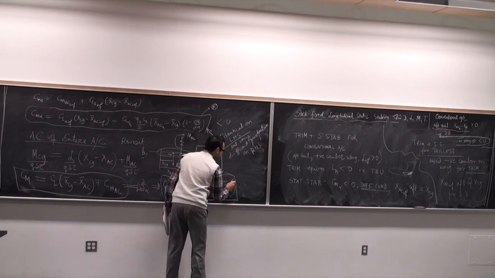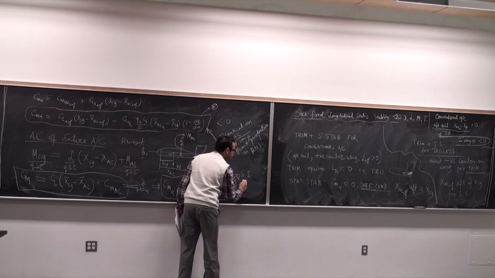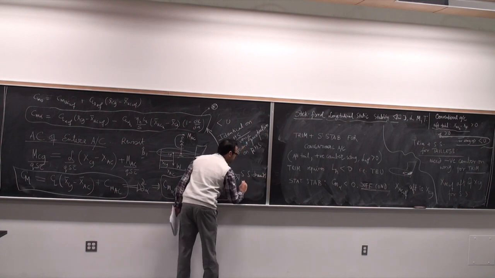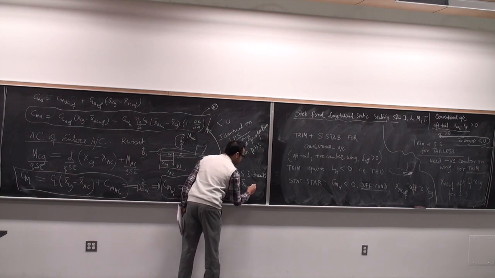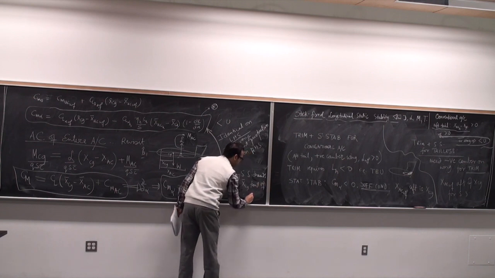And so from here, I'm just going to say this again, static stability demands that XCG be in front of XAC.